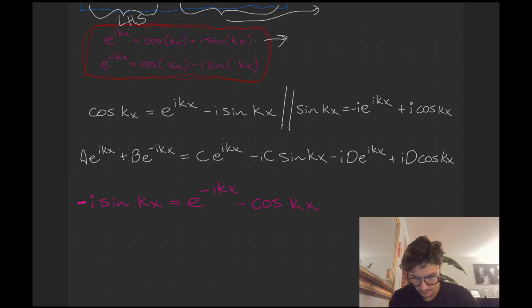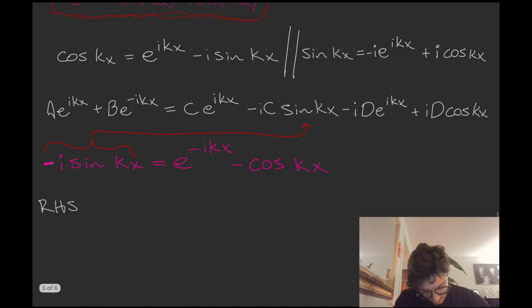Let's plug this into here. Plug this, actually, it's a little weird. Plug this into here. And that means the right hand side is equal to c e to the i kx.